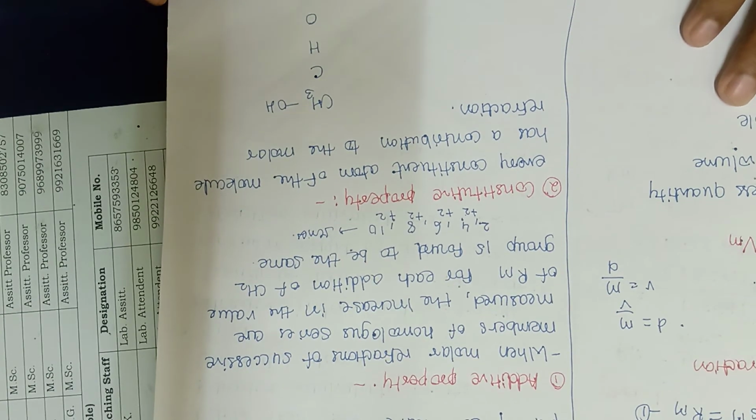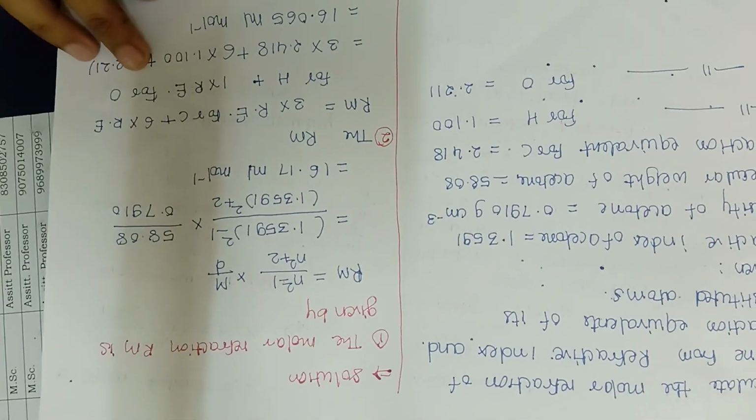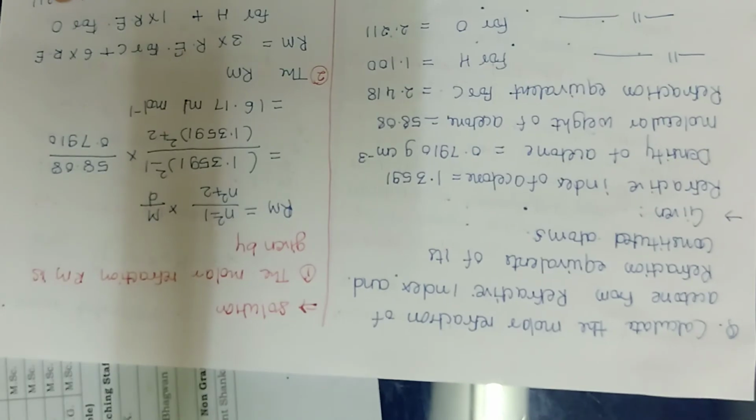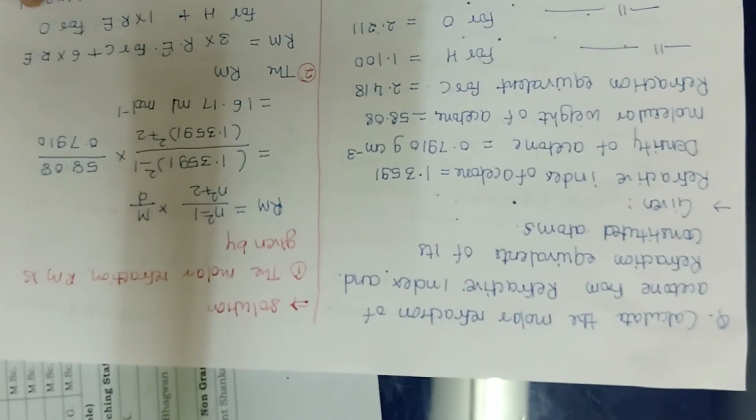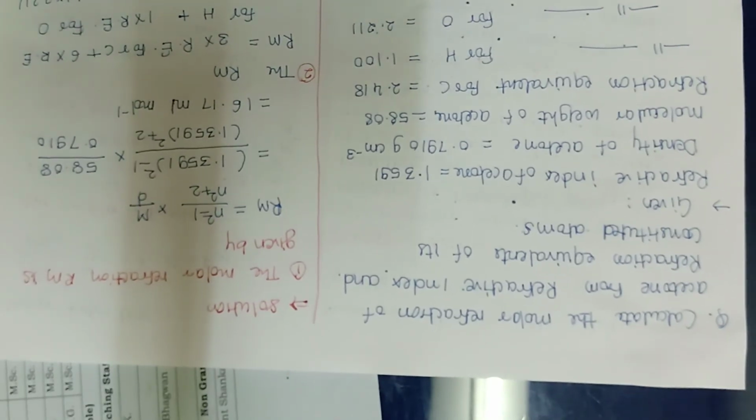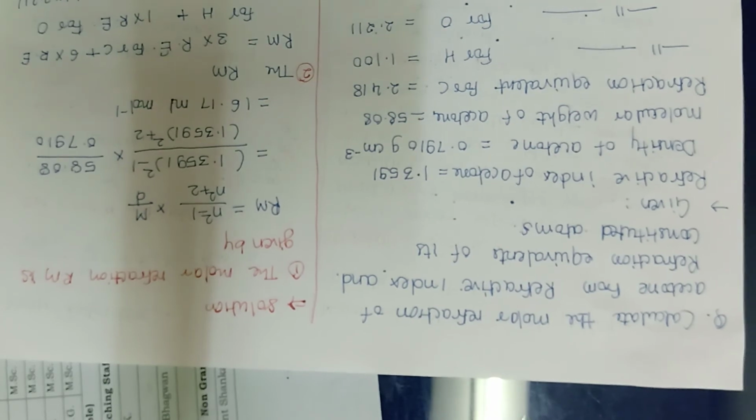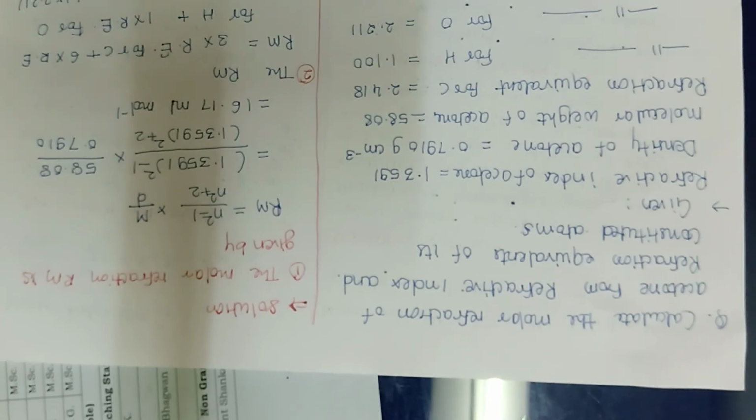Now we will take one example, so we will understand better. I guess it's visible. Okay. The problem, or numerical, is: calculate the molar refraction of acetone from the refractive index and the refraction equivalents of its constituent atoms.